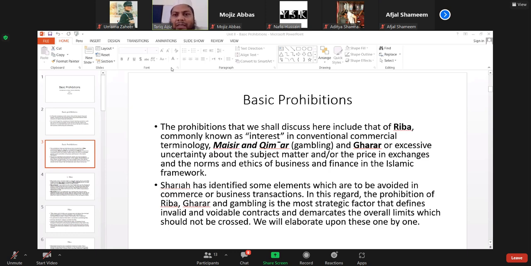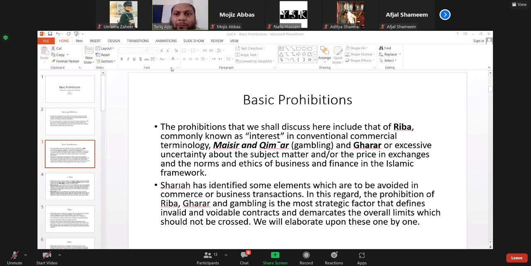So if you keep those maqasid in your mind, that is justice, truth, fairness, equality, the right to all the basic things, the right to safety, all those things that are there in maqasid al-Sharia, then apart from riba, maysir, qimar, and gharar, the transaction can be said to be a Sharia based transaction, because not only does it take care of the basic prohibitions, it also keeps in mind the ethics and morality of the Sharia.